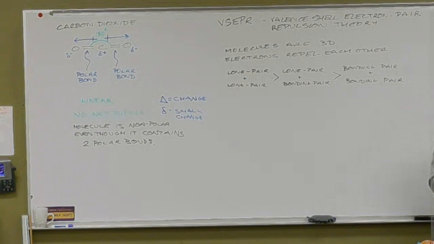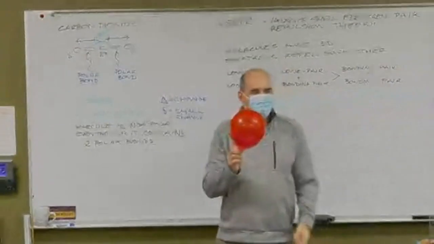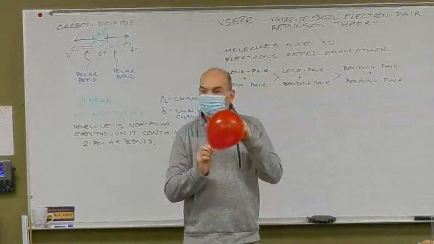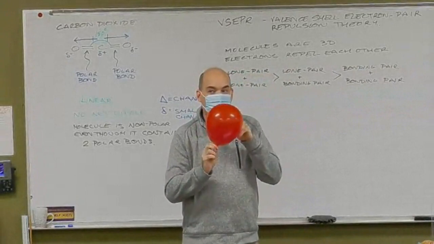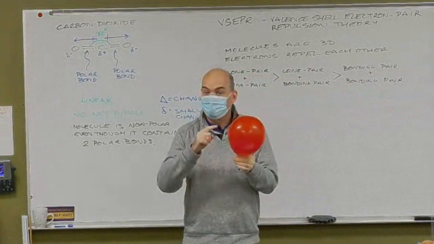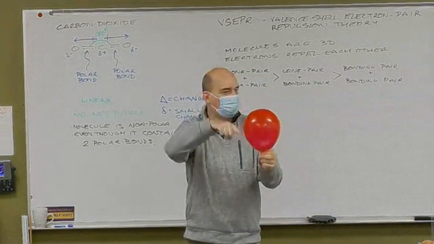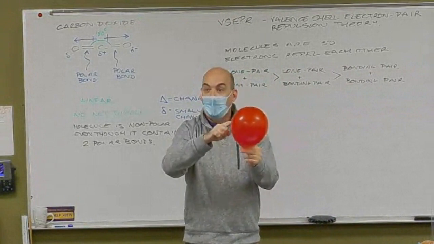If you take a balloon and you blow it up, okay, the area inside this balloon represents an electronic orbital. In an electronic orbital, we have a probability of finding the electron somewhere within the boundaries of the orbital.